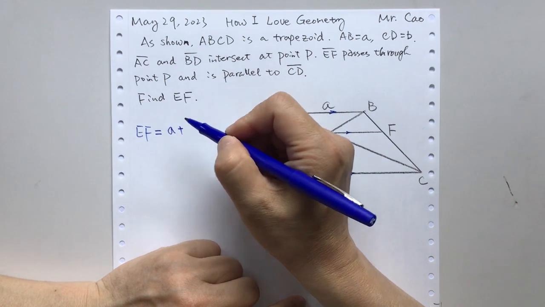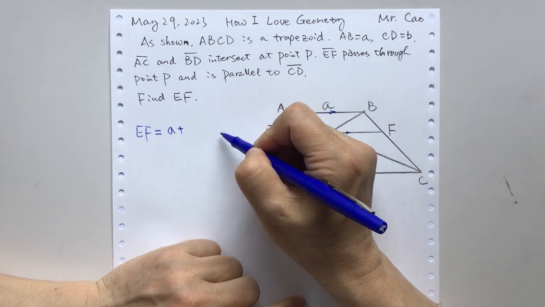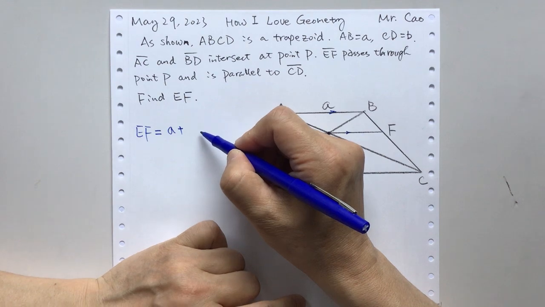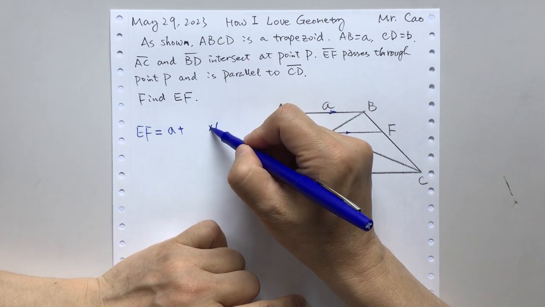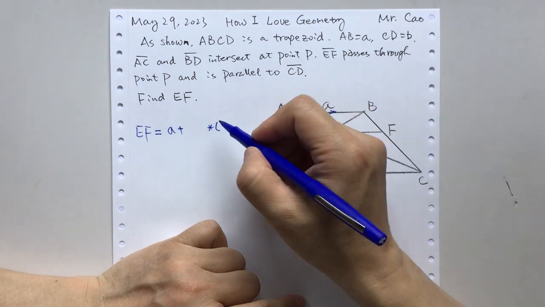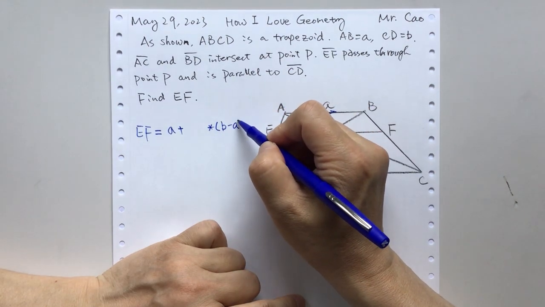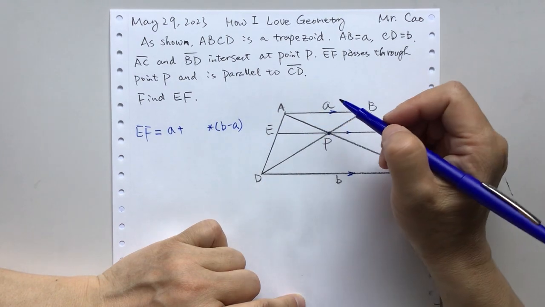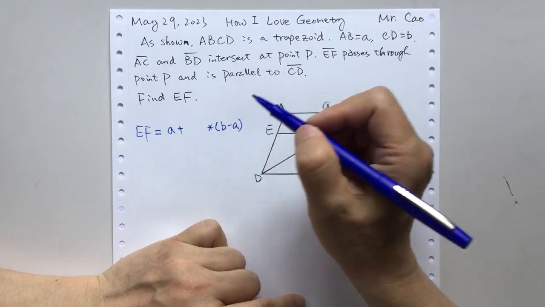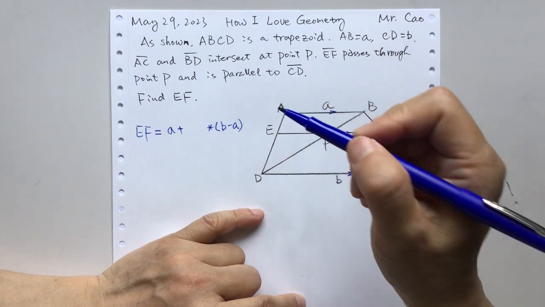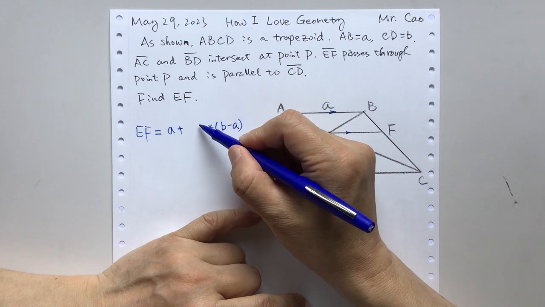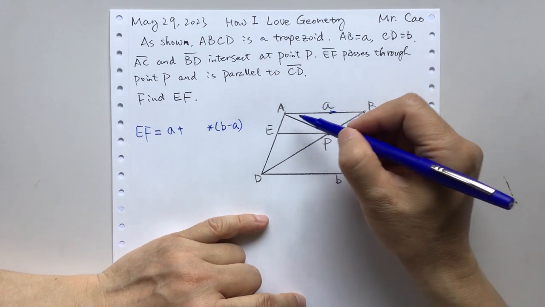A plus a coefficient. The least value for this coefficient will be 0. The largest will be 1. Then times B minus A, because the total increase is B minus A. The least is A. So we can imagine if the coefficient is 0, EF will be A, right?